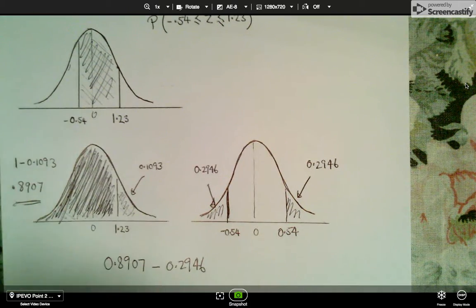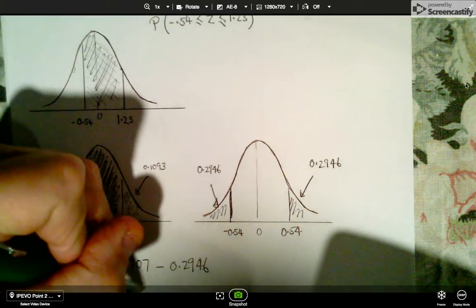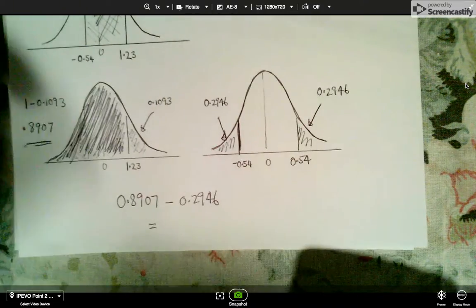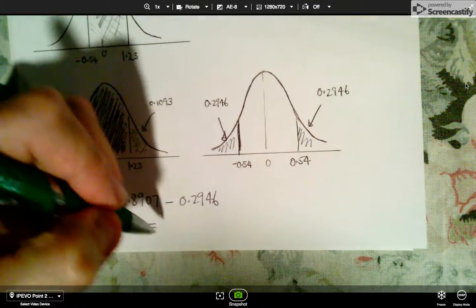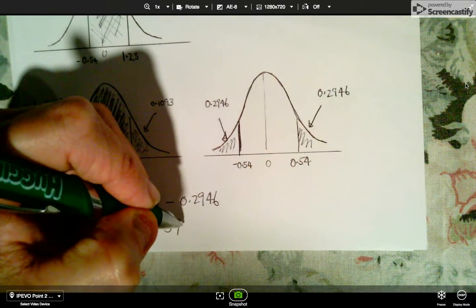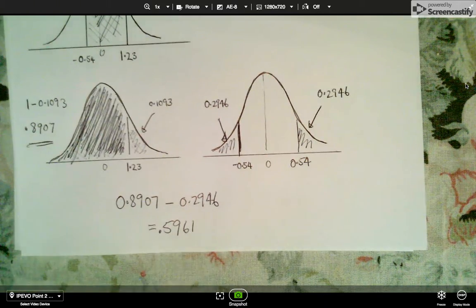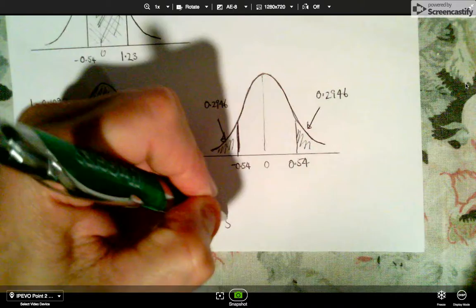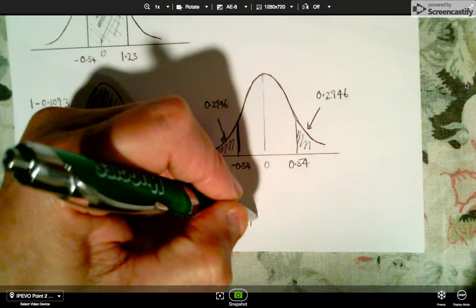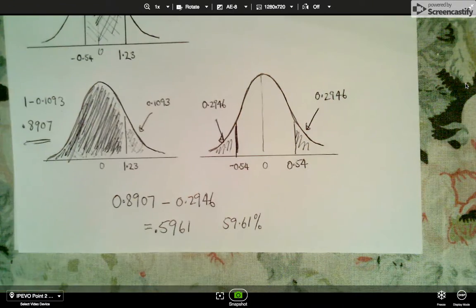And again, we've got calculators that can do that. That equals 0.5961, or 59.61%. And that's basically the lecture from Monday night. Thanks.